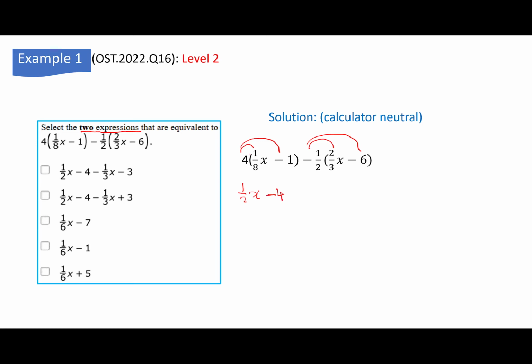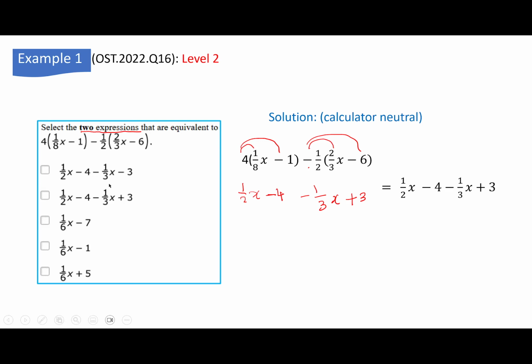Now negative 1/2 times 2/3: negative times positive is negative, 2 over 6, so 1/3 x. Negative times negative is positive, 6 divided by 2, so plus 3. Okay, so 1/2 x minus 4 minus 1/3 x plus 3.